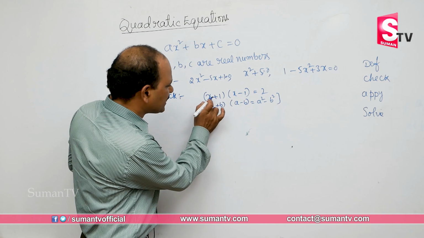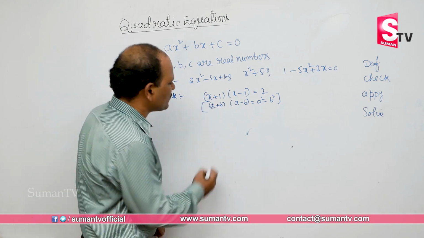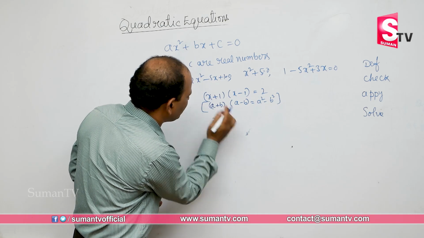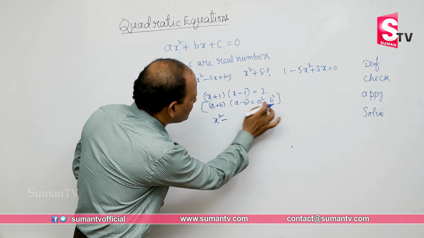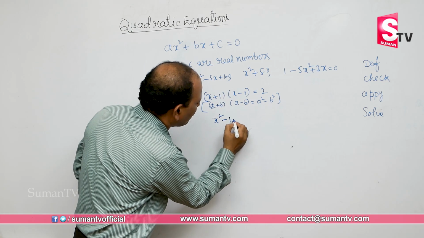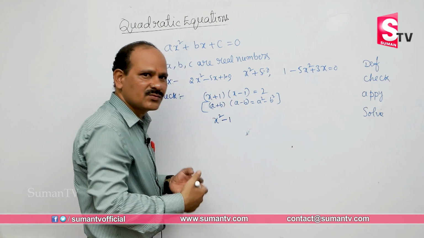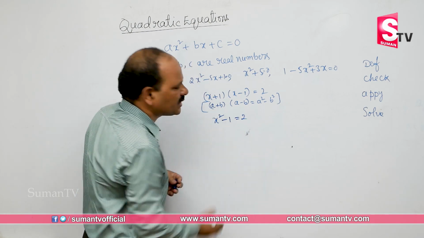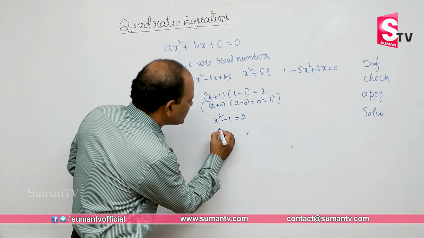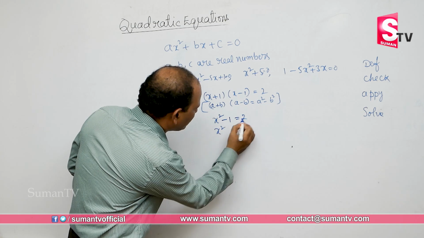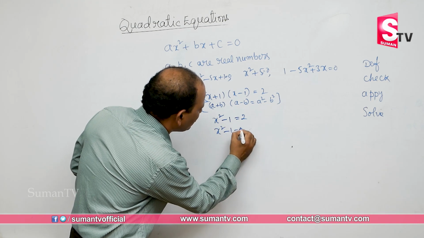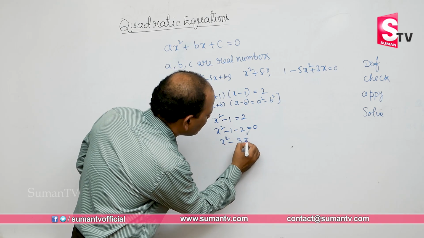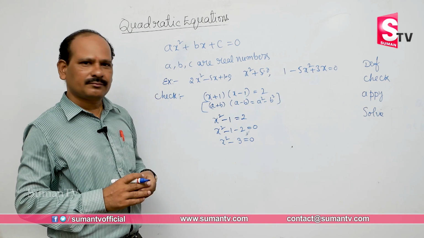Here a is x, b is 1. So x square minus 1 square, and 1 square is 1. So x square minus 1 is equal to 2. Bringing 2 to the left side, x square minus 1 minus 2 is equal to 0, so x square minus 3 is equal to 0.